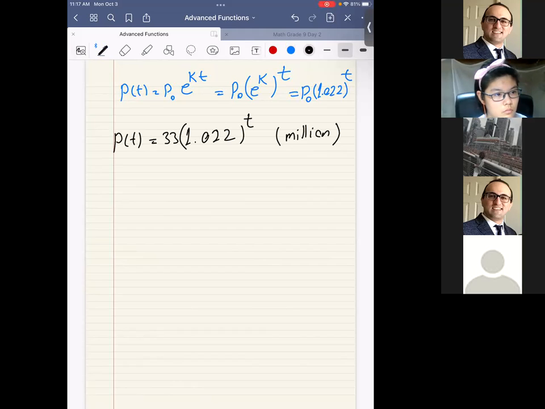So what does the question want? Does it only want us to write the model? Yeah, that's it. And then it asks: what was the approximate population in 2020?